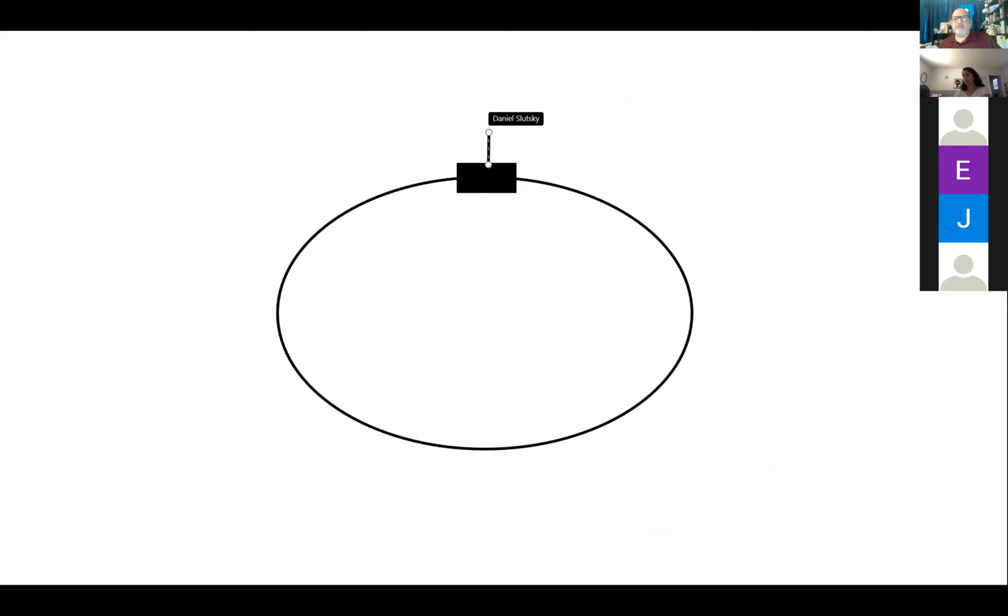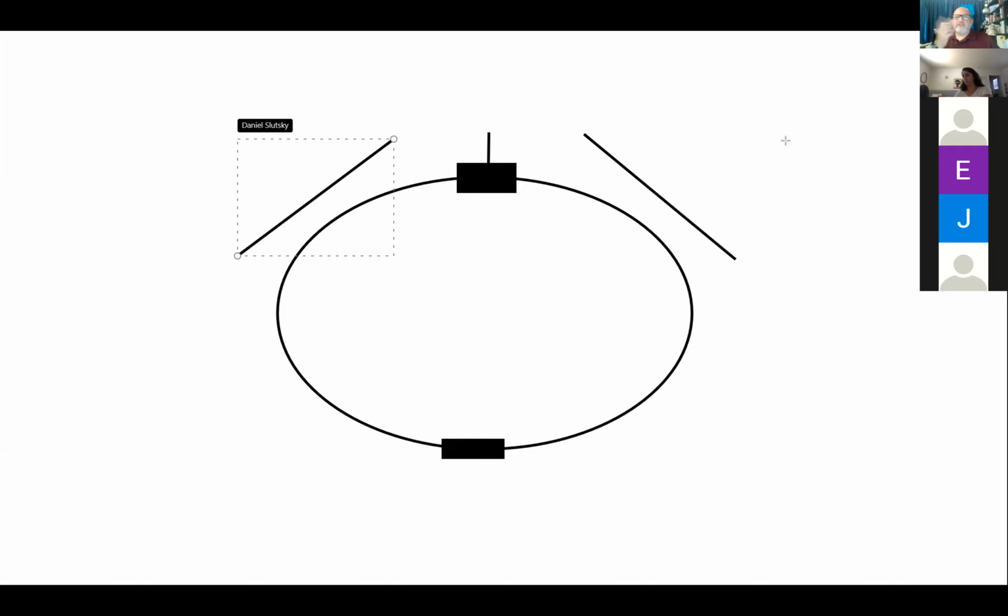Excellent. And then here, of course, is your sternum. And then along the sides here, we have the scapulas. All right. So this is a transverse view of our skeleton.